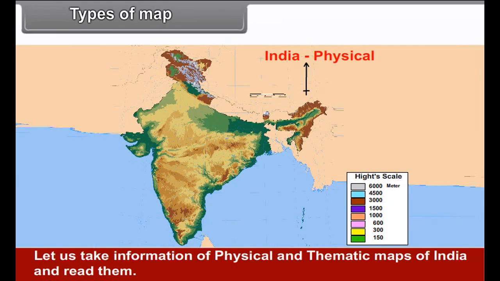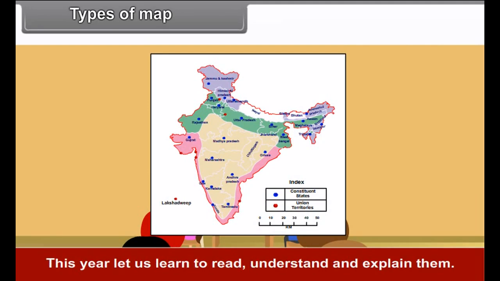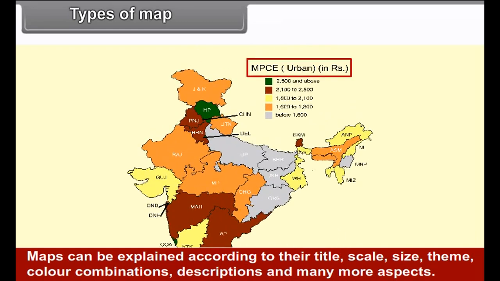One needs to develop the skill to read maps and to understand them. Let us take information of physical and thematic maps of India and read them. In the previous class, you have learned the types of maps.